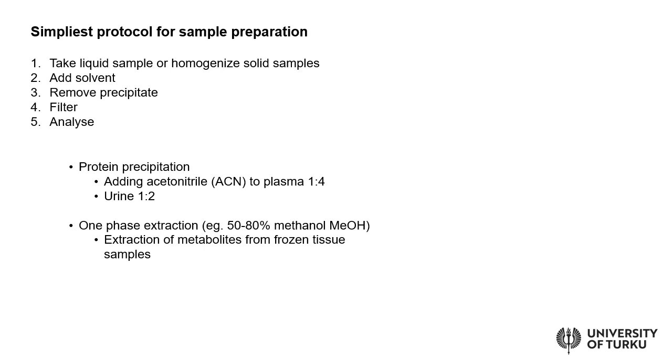As an example, if your sample is already in a liquid form, for example plasma, we typically prepare it by adding acetonitrile directly to the plasma, so that we have 4 times more acetonitrile than plasma. In the case of urine, that ratio can be something like 1:2. On the other hand, if we go for extraction of metabolites from tissues, a very commonly used procedure is to add 50 to 80% methanol to the samples.